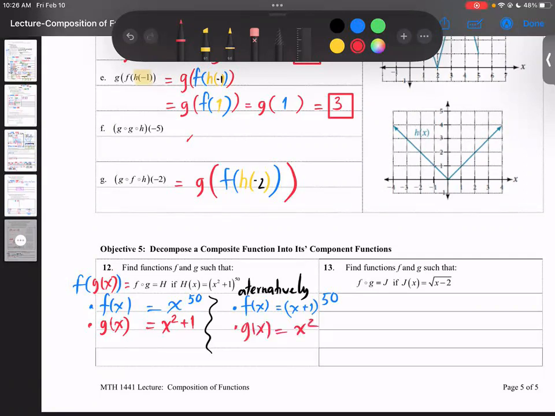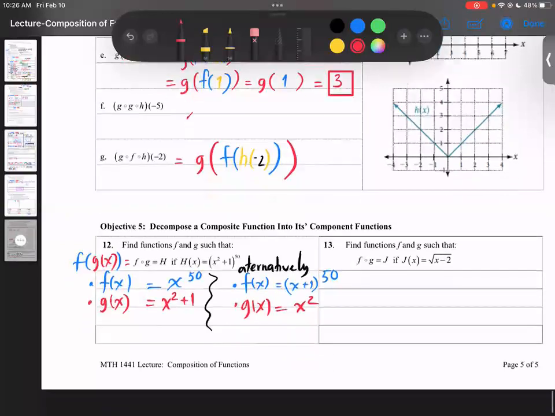Does that make sense to you? When you plug the blob into f, blob plus 1 to the 50, right? X squared plus 1 to the 50. Which one do you like better? For me, it's easier this way. Well, which one is right? They're both right. It's a different way of doing things. For me, I prefer this. I like to do the outside function first. I always let the outside function equal x to the whatever. If it's a square root, it'll be square root of x, and then I'll let g be whatever is underneath it. Does it make sense?